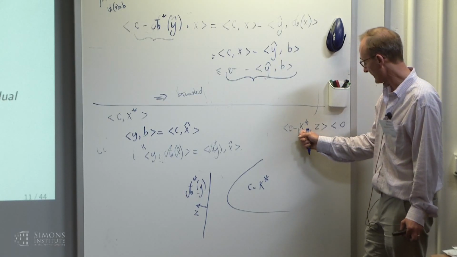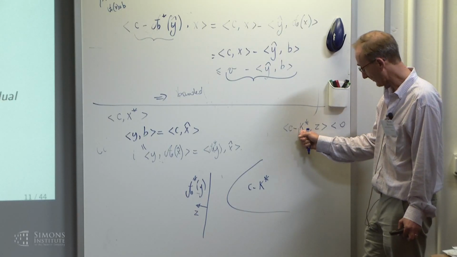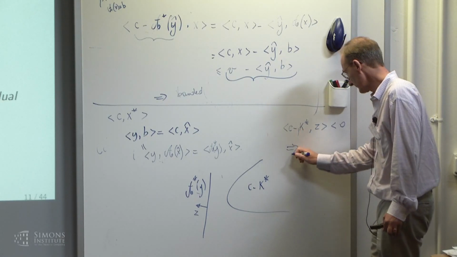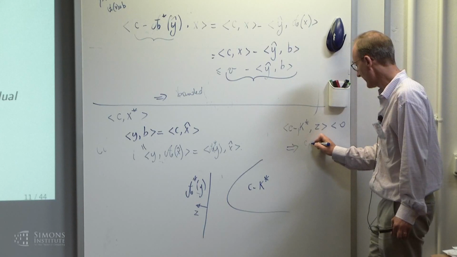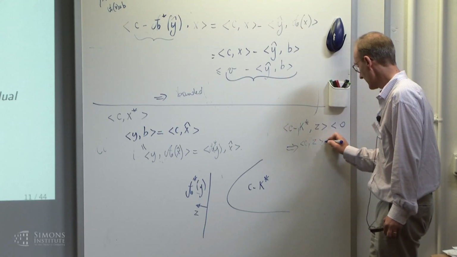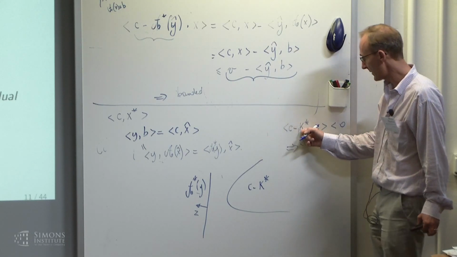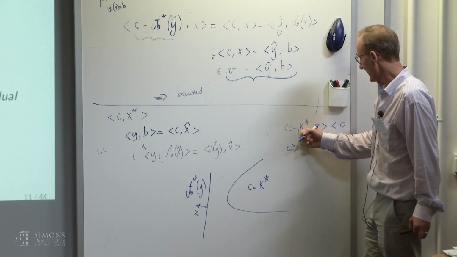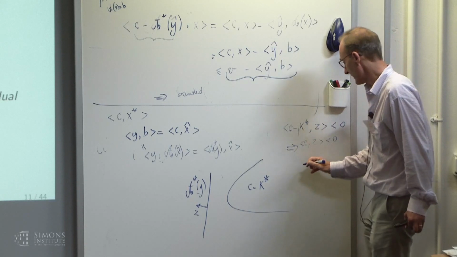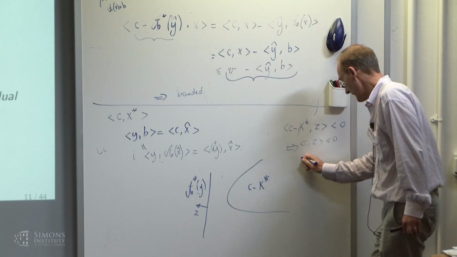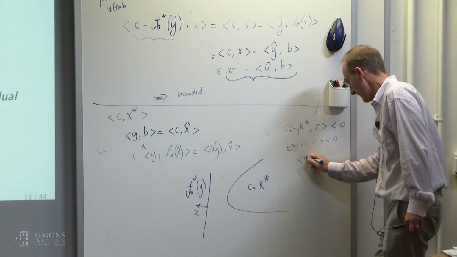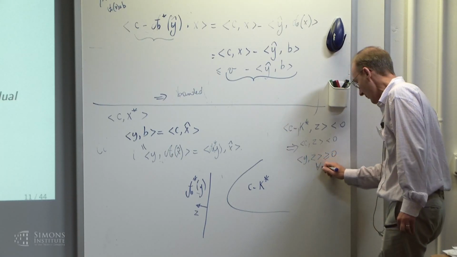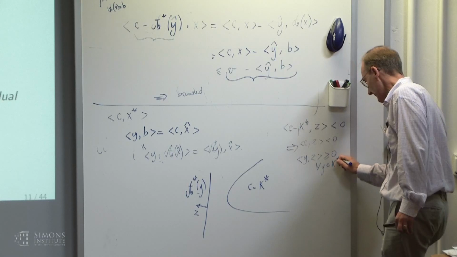That means two things. First, CZ is less than 0, and it also means that Z times y is non-negative for all y in K star.